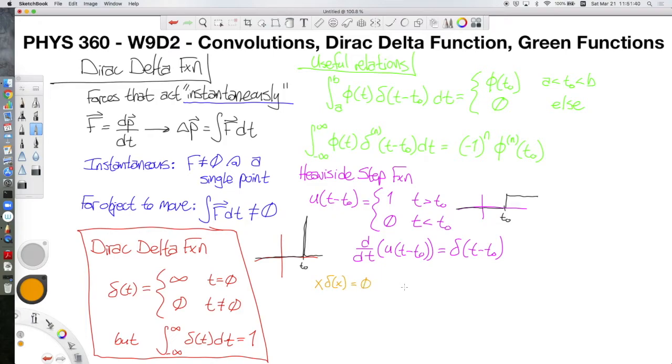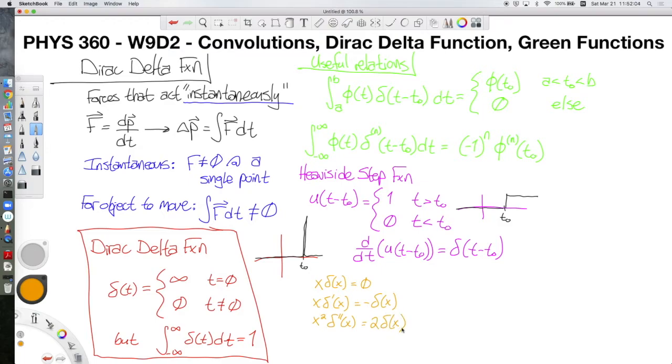But x times the derivative of the delta function is just the negative delta function. x squared times two derivatives of the delta function is just 2 times our delta function.